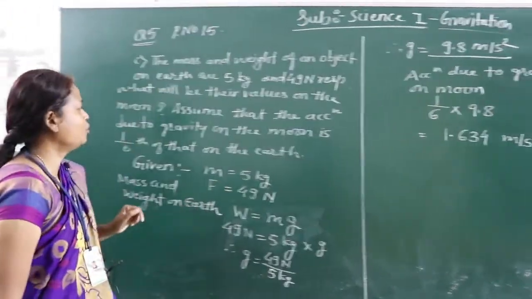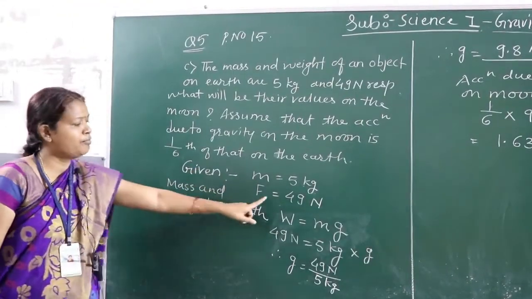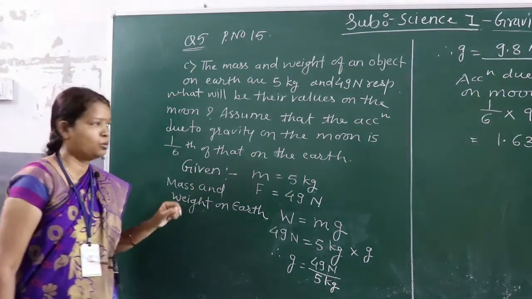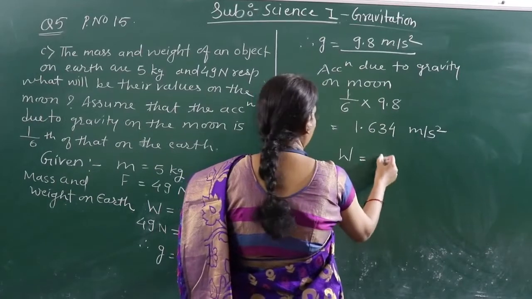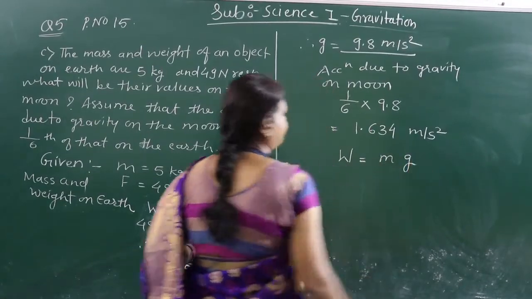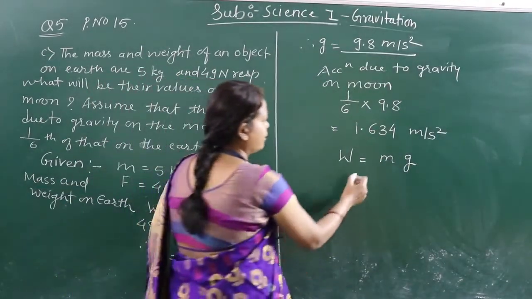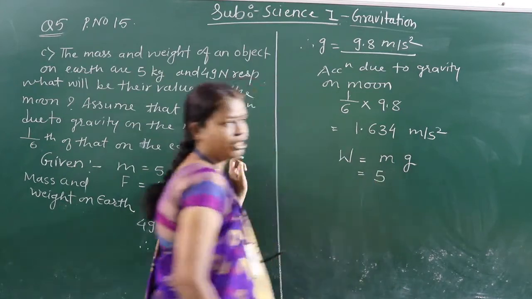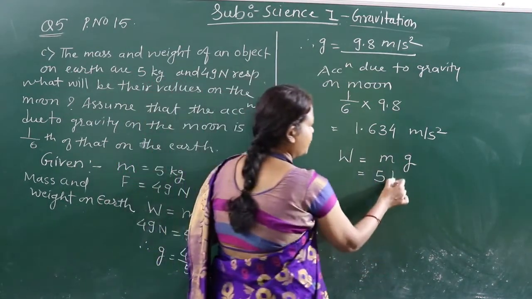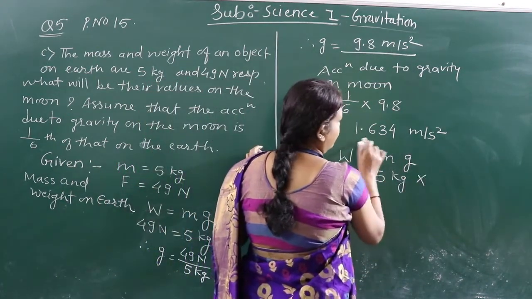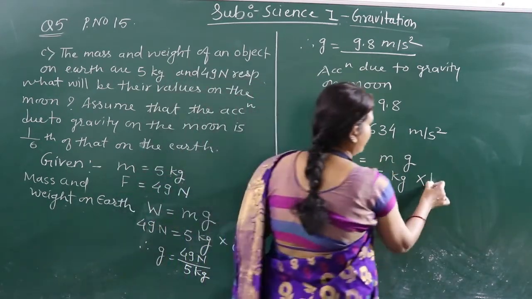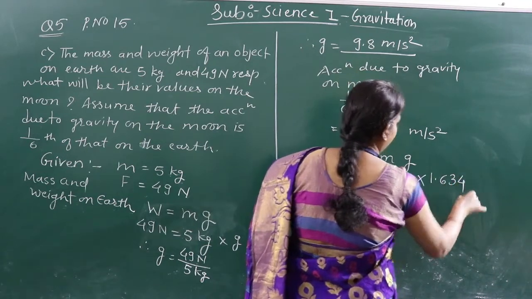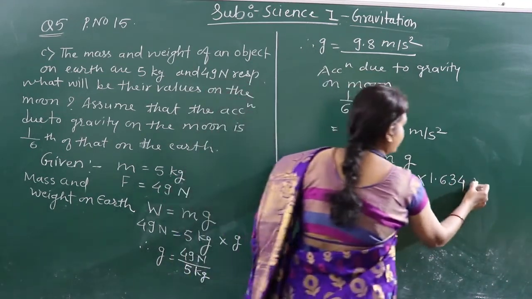Secondly, what do we have to find? We have to use the same formula for the moon also. On the moon, W is equal to mg. What is our m? We know it is 5 kg, and we found the value of g, that is 1.634 meter per second square.